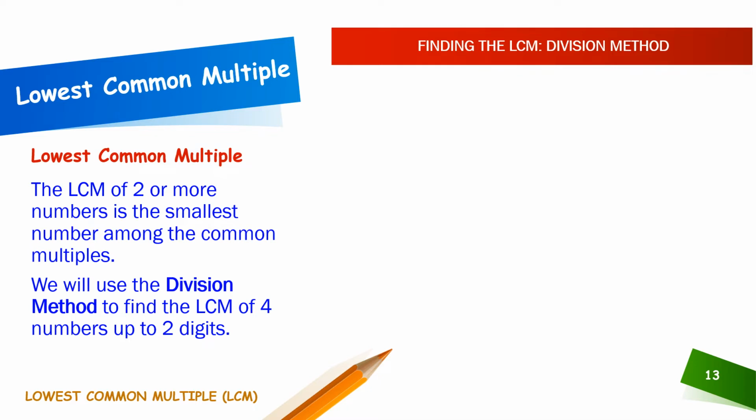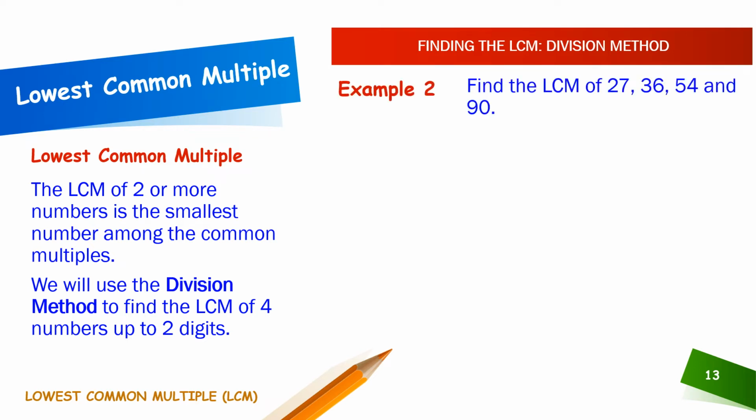We will now use the division method to find the LCM of four numbers up to 2 digits. So let's illustrate this with an example. We're going to find the LCM of 27, 36, 54 and 90.